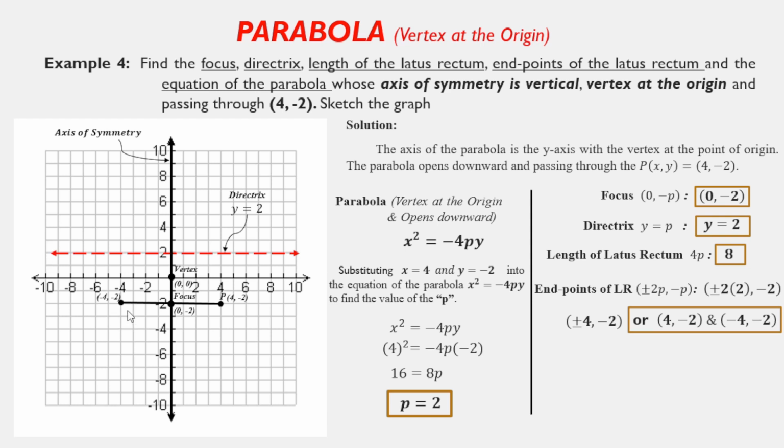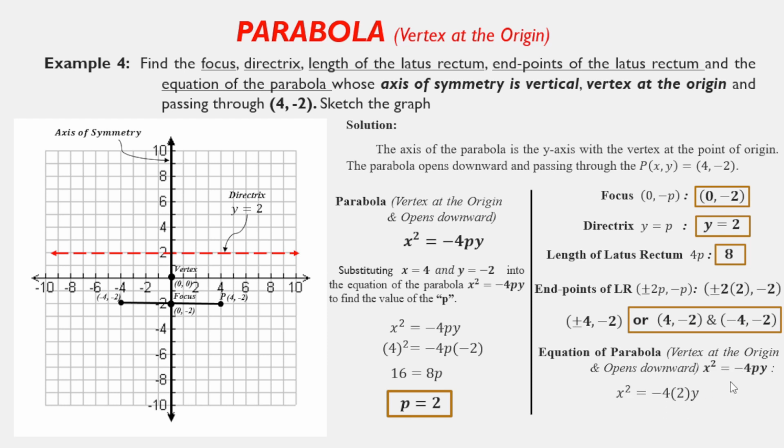As we plot the endpoints of the latus rectum, the first coordinate is (-4, -2), and the other coordinate, the point P, is (4, -2). Take note that the equation of the parabola whose vertex is at the origin and opens downward is x squared is equal to negative 4py.